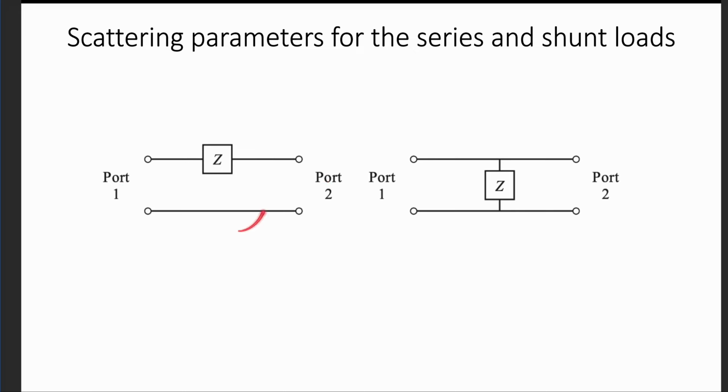If you have some impedance in series between the two ports, what will be the scattering parameters? I want to calculate all of S11, S21, S12 and S22. Similarly, if I have some load in parallel, it acts like a shunt, where your Z is connected as a shunt. For both cases, you need to calculate the scattering parameters.